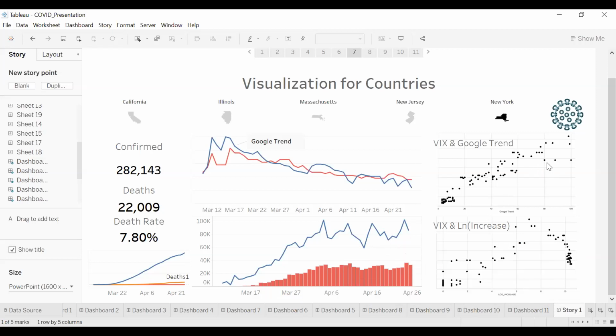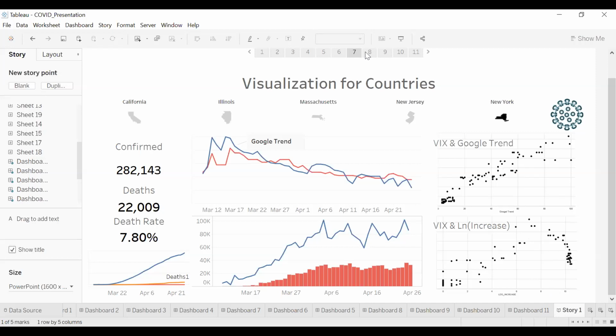We can also see from the scatter plot that VIX and Google Trend have a linear relationship, and also VIX and the logarithm of increased cases have a linear relationship before 8.